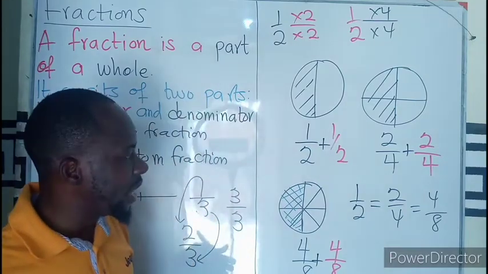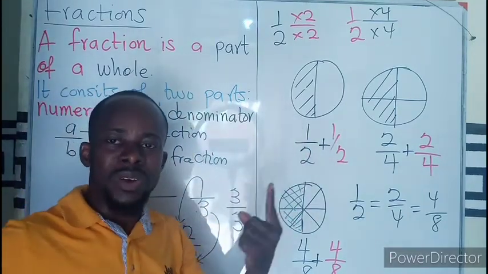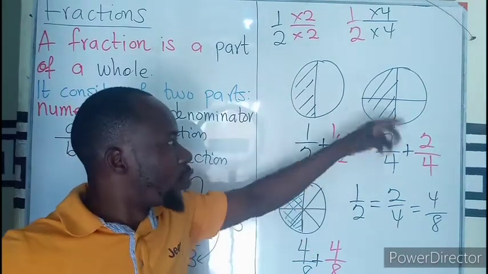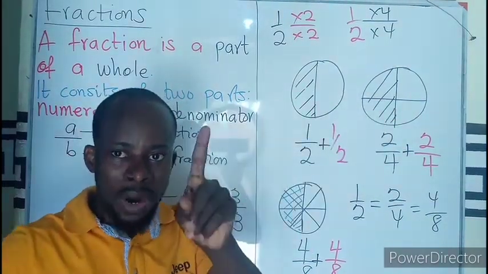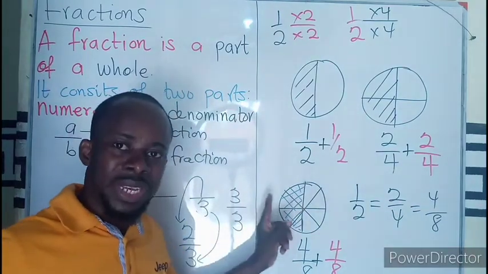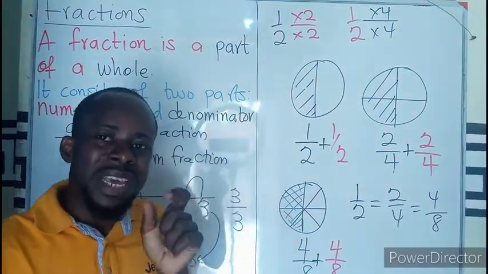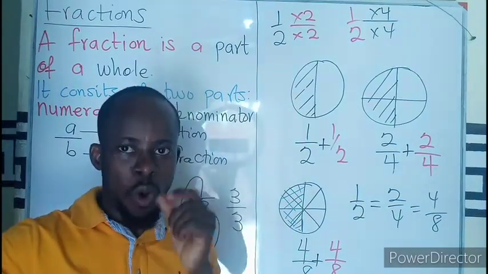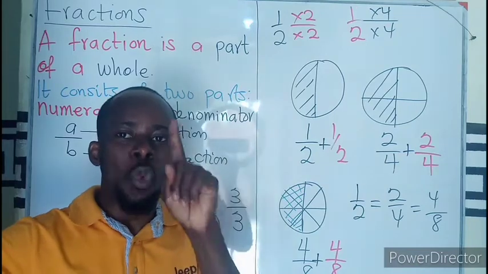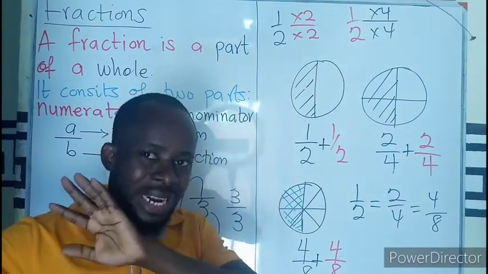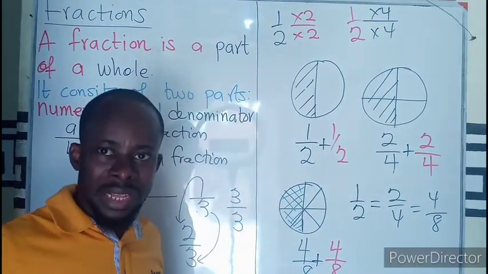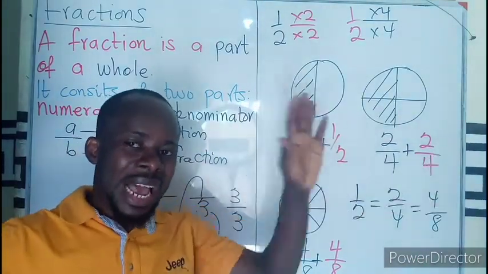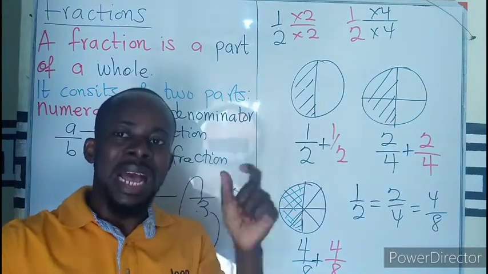So the whole is only referring to 1. Just 1. This is 1 orange. No matter how the division, this will remain 1 orange. So it means that a total of a fraction, common fraction or proper fraction, gives us 1. No matter the division, no matter the denominator, it could be 1,000 divisions, if I take the part considered and the part left, put them together, I should get 1.